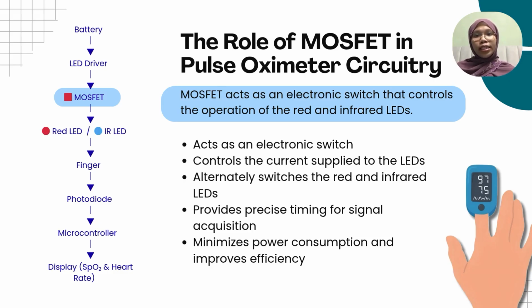By controlling these LEDs, the MOSFET ensures that only one operates at a time. This prevents signal interference and allows the photodiode to detect each wavelength separately. As a result, the pulse oximeter can obtain accurate measurements while consuming very little power. This makes the MOSFET one of the most important components in the circuit.